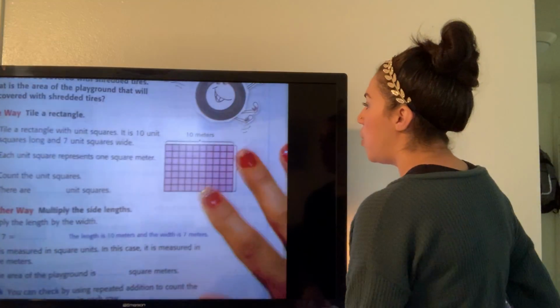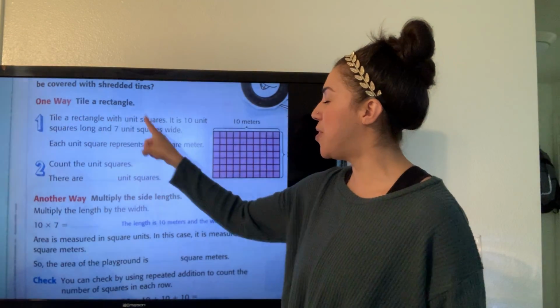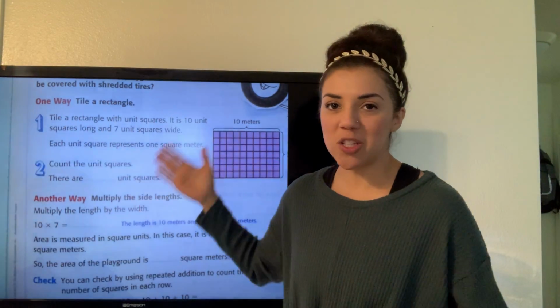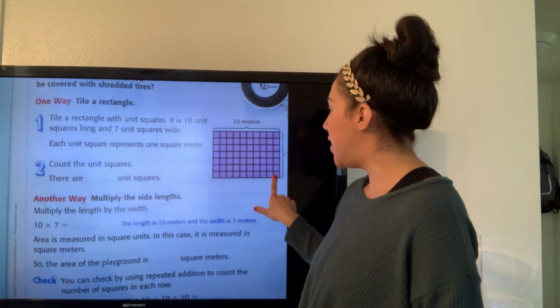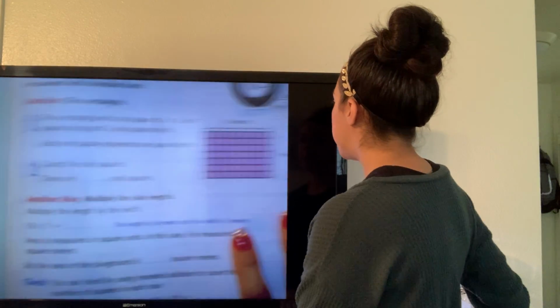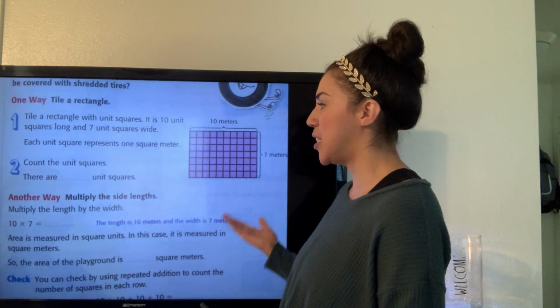And so now it says step 1, tile a rectangle with unit squares, which just means draw in the squares. It is 10 unit squares long and 7 unit squares wide. And then step 2 is to count the unit squares.